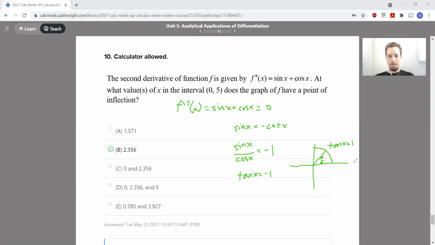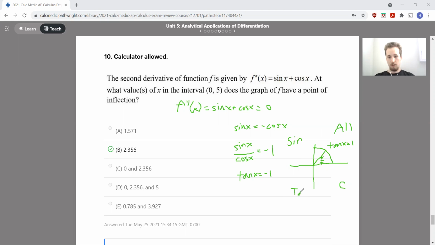And so you can remember, I forget the mnemonic, but it's something like all students take classes. A means all, so all trig functions are positive in A. S means only sine of the three is positive.